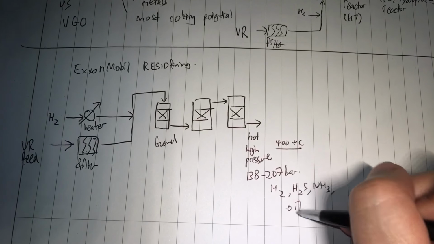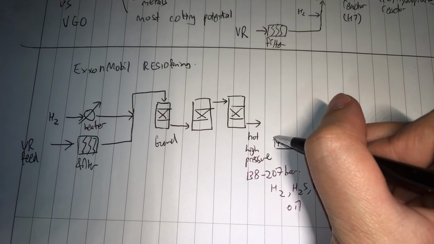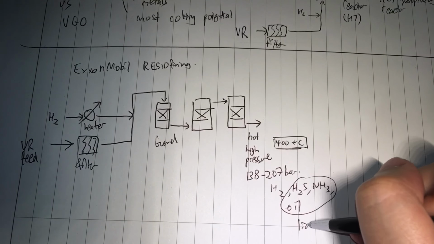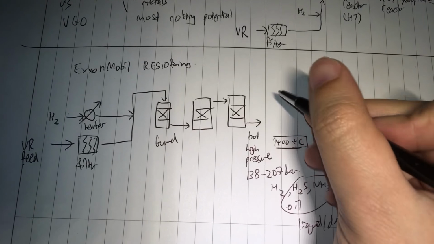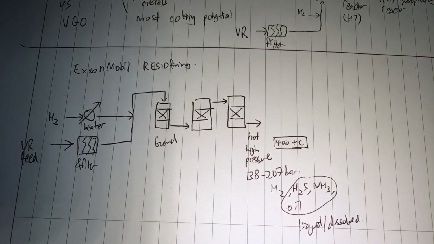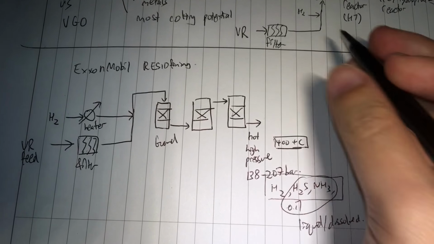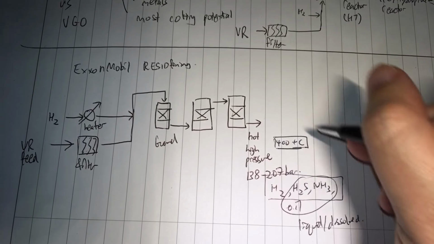So under high pressure, all these will probably be in liquid form, right? All these will be liquid or dissolved. So what you want to do is to separate all these from the oil. The first thing to do is to depressurize.